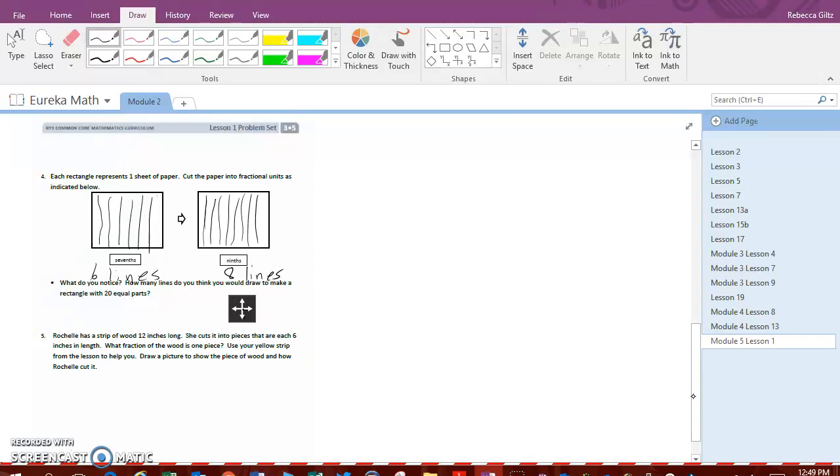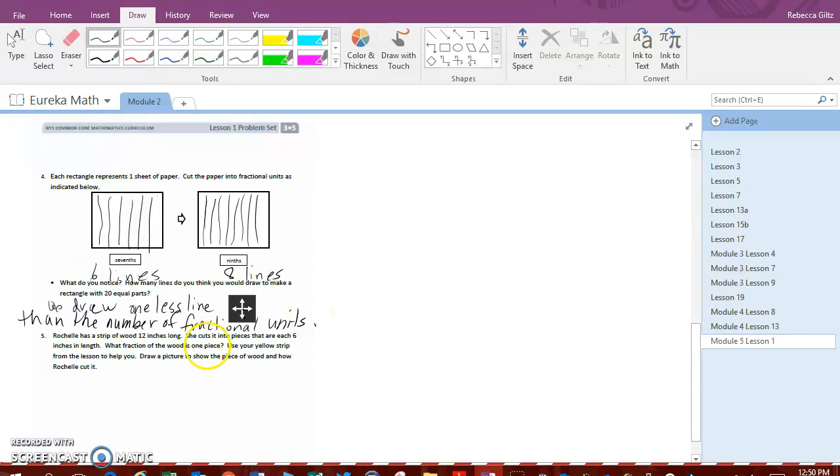So hopefully what you have noticed is that, and we know this from tape diagrams, we drew 1 less line than the number of fractional units.